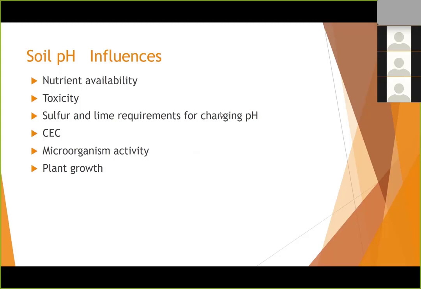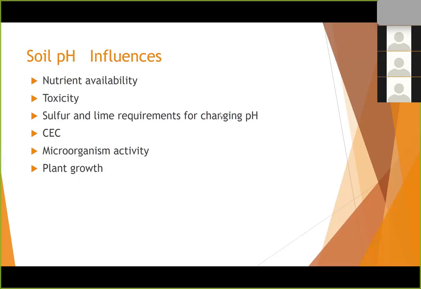So for example, every plant has kind of an ideal range of soil conditions it grows in in terms of pH. So what would a typical plant that likes to have a more acidic soil or lower pH be? Blueberries. But typically, if you're not growing blueberries, we want to keep it in the range of like 6.7 to 7.2 pH if at all possible.